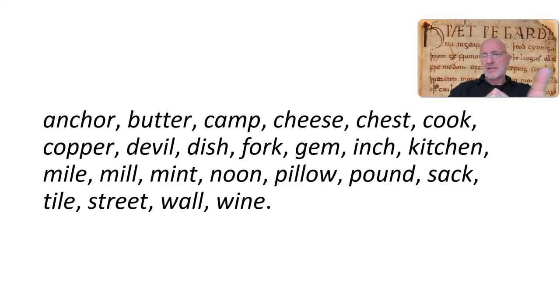So easy, huh? If you just take the first 3, 4, 5, 6, they're all the same in German, yeah? Anker, Anker, Butter, Butter, Camp, Kamp, cheese, Käse, yeah? Chest, and so on, yeah? Cook, Koch.